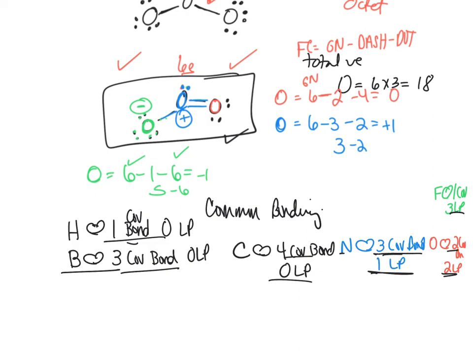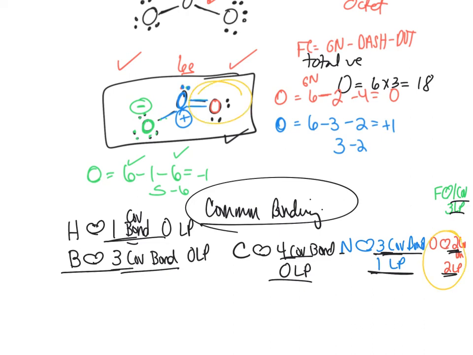So you go 4, 3, 2, 1. And the reason why the common bonding patterns are good is because you look at oxygen here, this red oxygen. It has 2 covalent bonds and 2 lone pairs. I know I don't have to do formal charge. I know it's going to be 0.